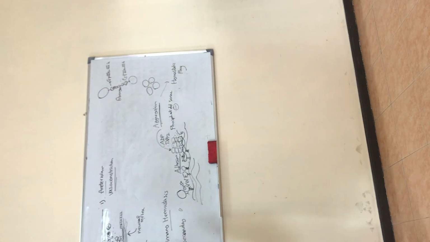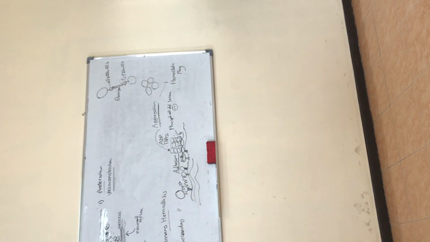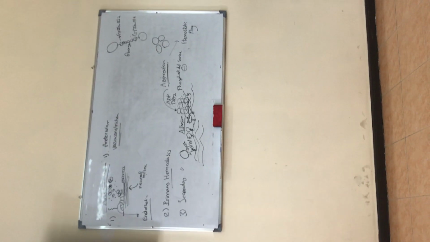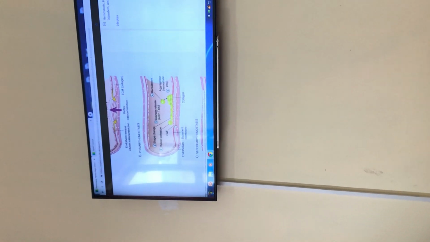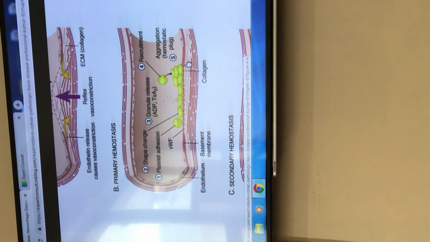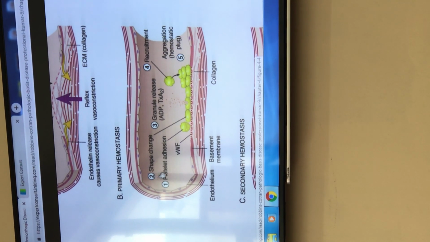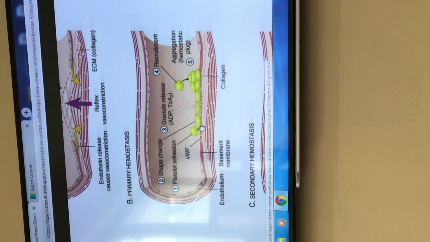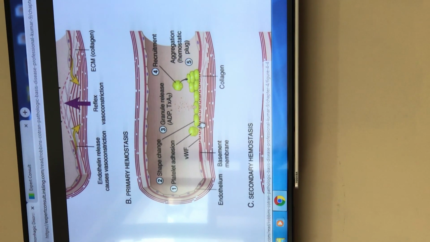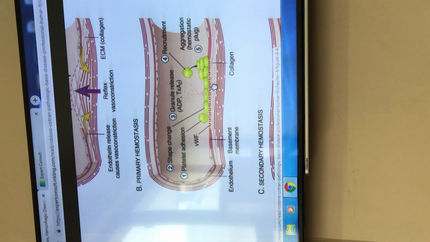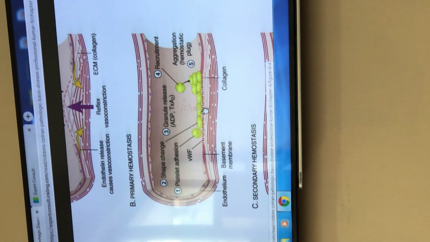So in primary hemostasis, this is the picture: there is vasoconstriction, then von Willebrand factor on the collagen and GPIB on the platelet. Through this, the platelet binds the collagen, then there is shape change.